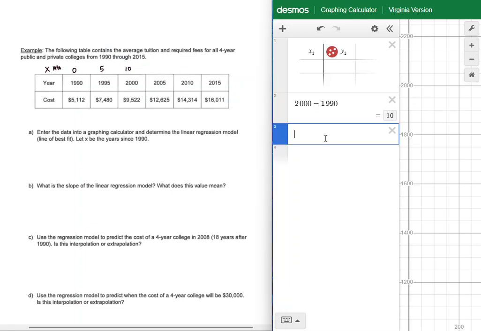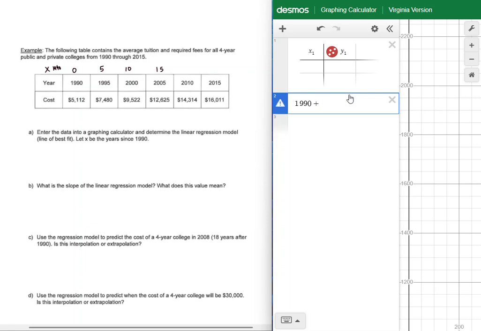Because if I do 1990 plus 0 gives me 1990, 1990 plus 5 gives me 1995, plus 10 gives me 2000. I'm guessing it's plus 15. Yep. So the x value here, because I need to put these values into x, I cannot just put the actual years because the data will be a little messed up. Maybe it'll work, I don't know, but I'm just going to do it this way.